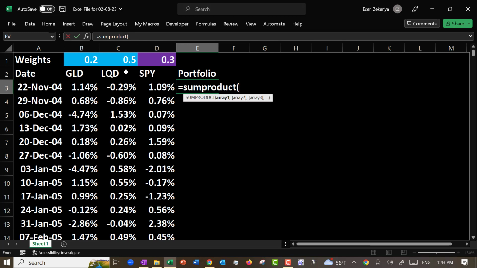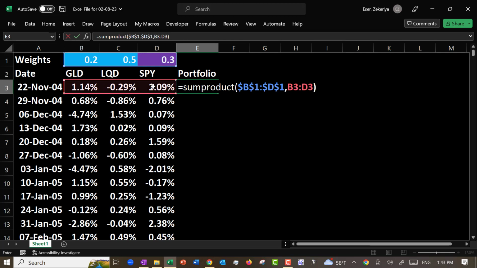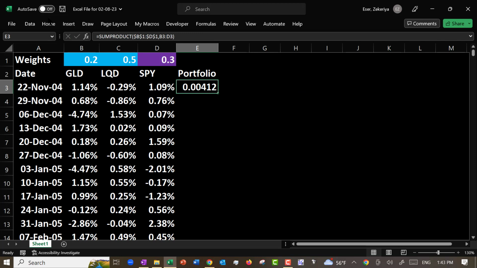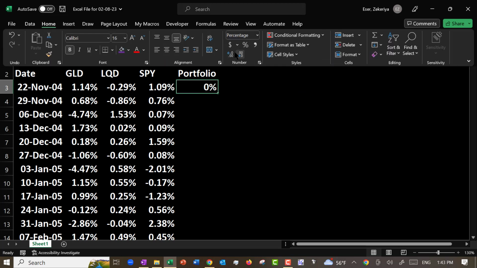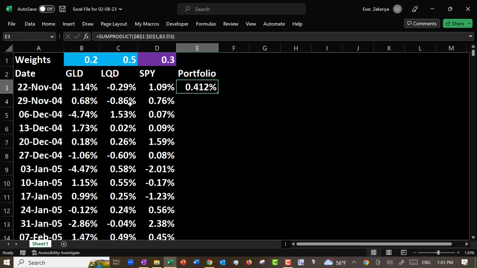The first argument is the set of weights, but since they're going to be constant across, I'm going to fix them, hitting F4 if you have a function key on your computer. And the second is the returns themselves. So for that week, this specific portfolio returned 41 basis points.